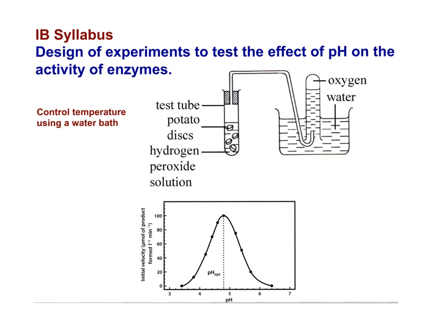Experiments could be run where the pH of the solution is manipulated to determine the effect of varying the pH on the rate of reaction. You can see the theoretical reaction curve for this experiment. Enzymes function at an optimal pH, and pH changes away from the optimal result in enzymes being denatured, which lowers the reaction rate.